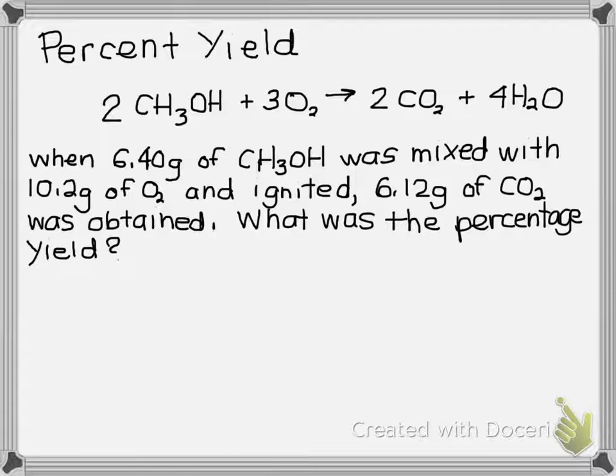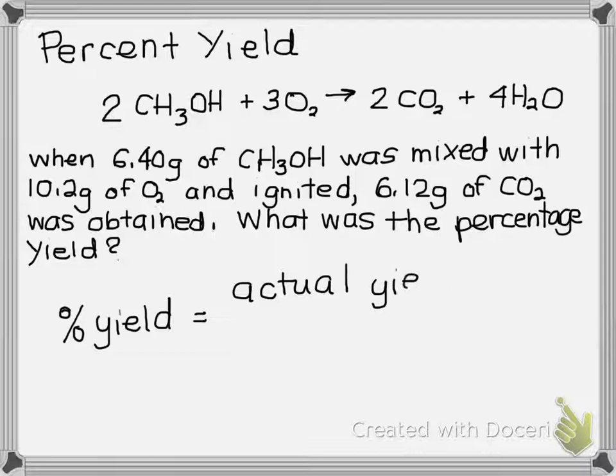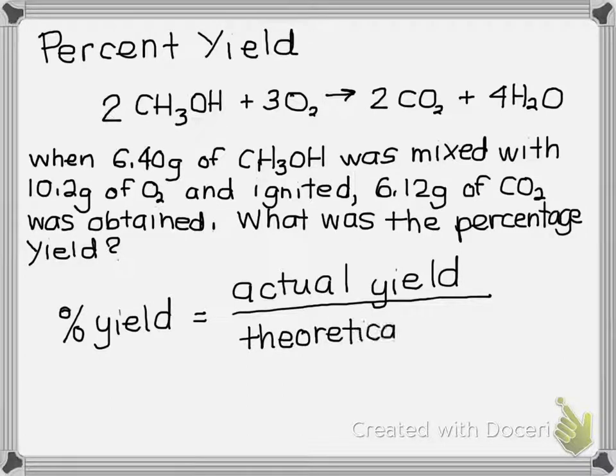Now the percent yield of a reaction is equal to the actual yield, and that's what you would obtain in lab. So with all the mistakes, with everything you do, it's what you actually got when you performed the experiment. And you divide that by the theoretical yield, which is the amount that you calculate using stoichiometry and chemical equations.